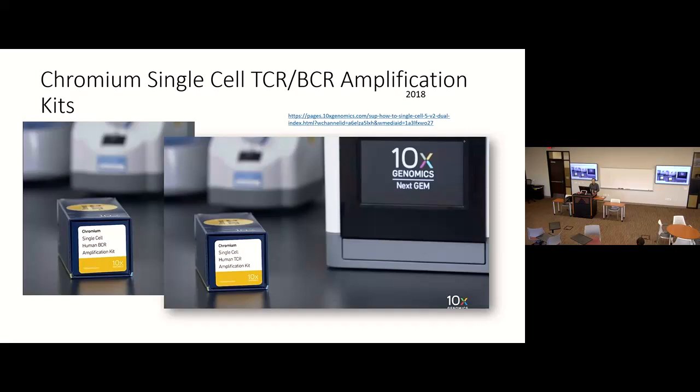So 10x Genomics developed new kits called the BCR amplification and TCR amplification kit. This kit is designed to amplify the region to sequence the receptor region.